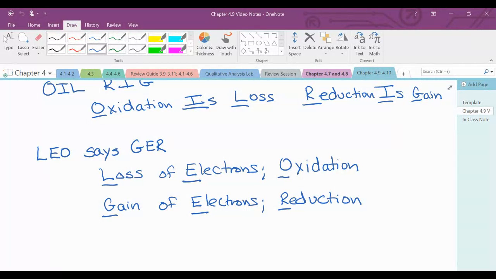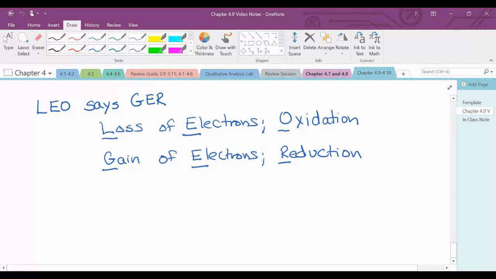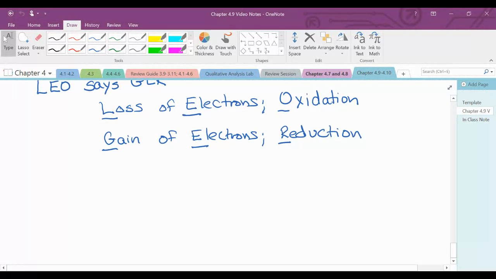So I'm going to do one more example of identifying the oxidized and reduced, and then the agents.